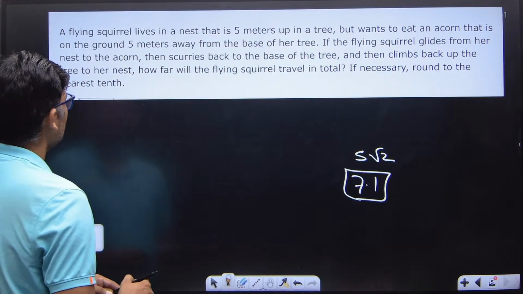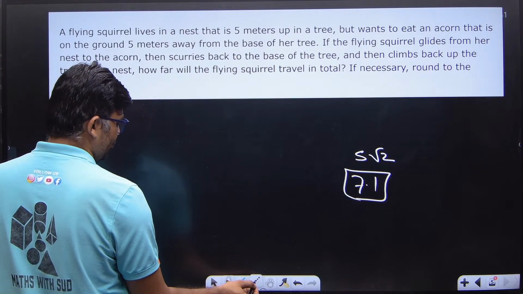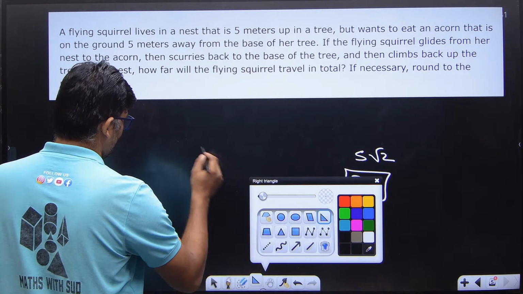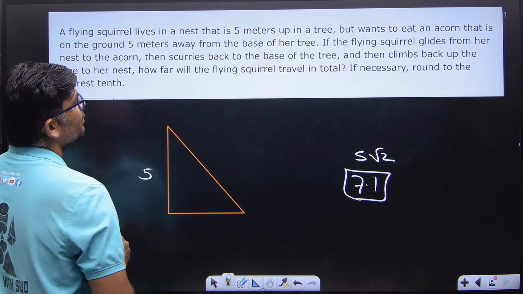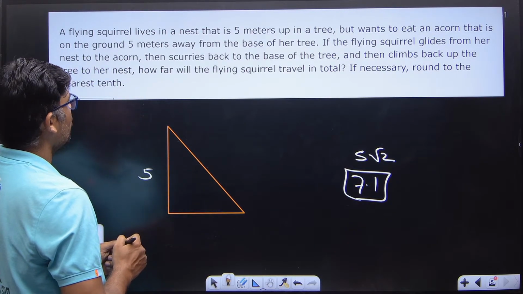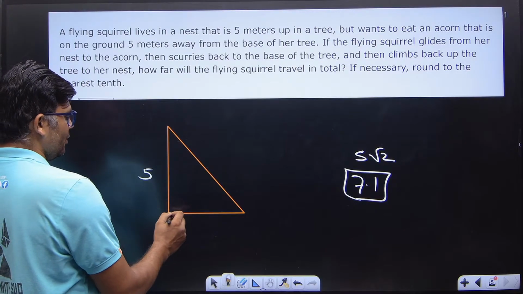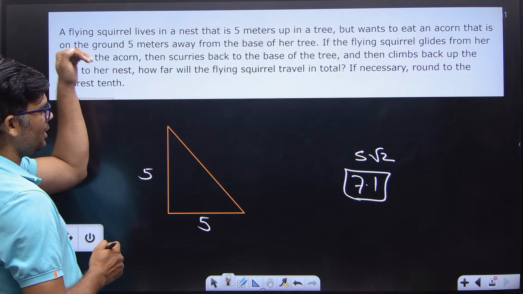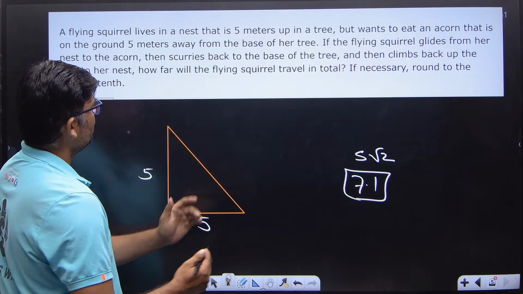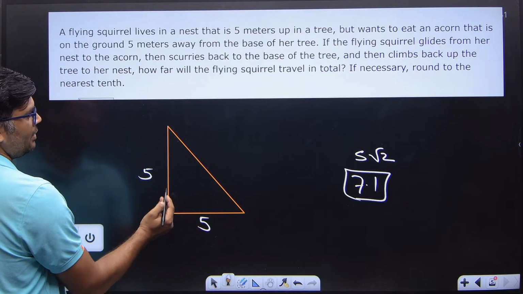If the flying squirrel lives in a nest that is 5 meters up in the tree, okay, so I'm going to make a tree now. So this is 5 meters. The acorn is on the ground 5 meters away from the base of the tree, that means this is going to be 5. Then the squirrel glides from her nest to the acorn, scurries back to the base of the tree, and then climbs up.